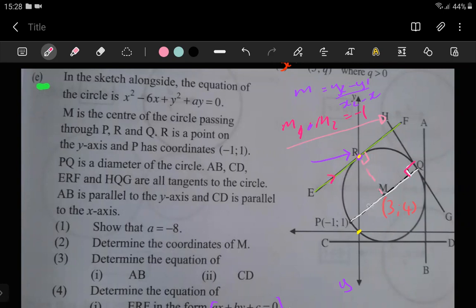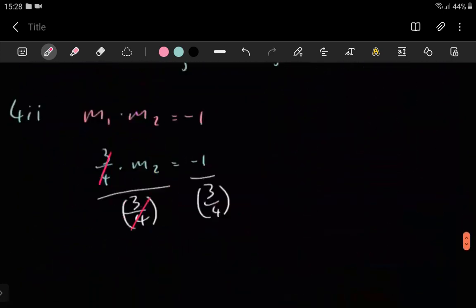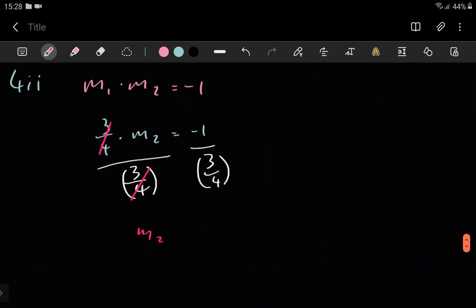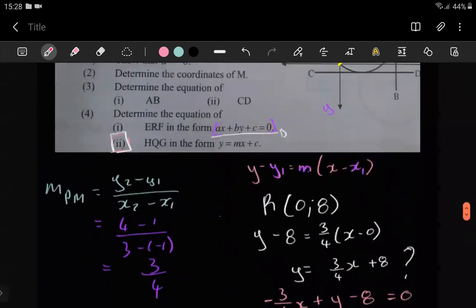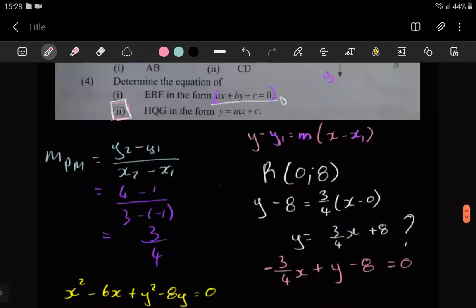With parallel lines, whatever gradient is here, it's automatically the same there. But these are perpendicular lines. So whatever gradient is here, if you multiply it with the one we don't have, it should be equal to -1. That's how we get that the second gradient we're looking for is just -4/3, you see.